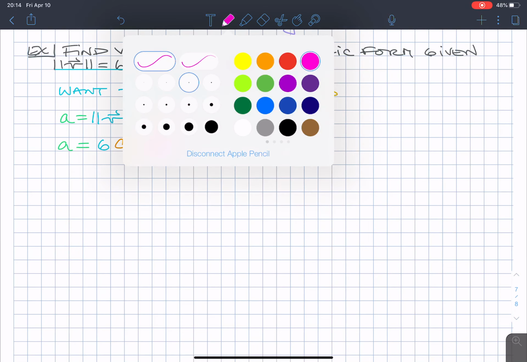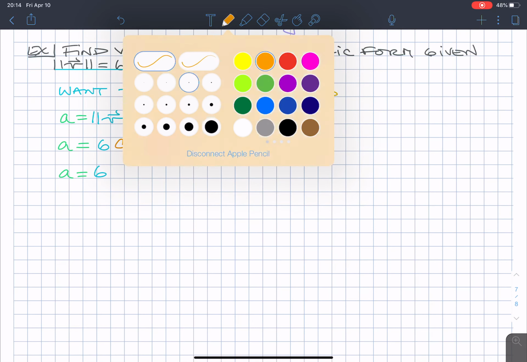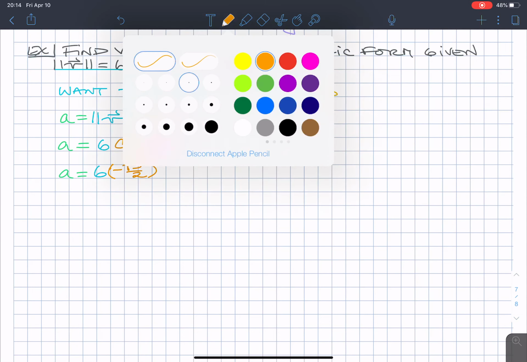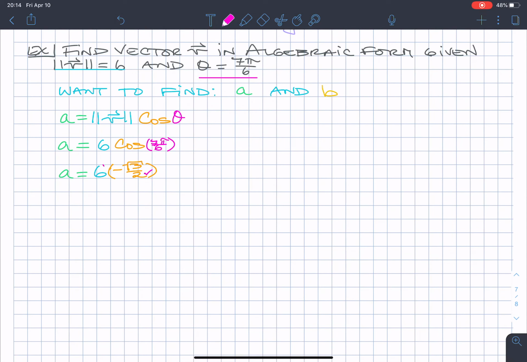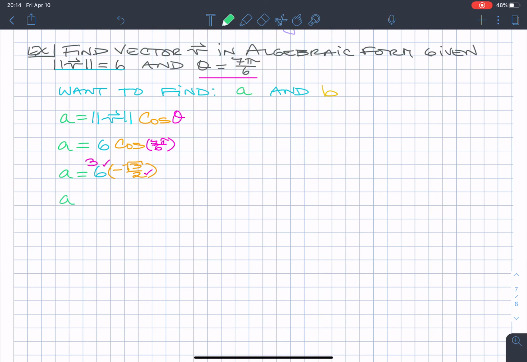So what is cosine of 7 pi over 6? Well, that's in quadrant 3, so I know it's negative, and it is a 30-degree reference angle, so it's negative root 3 over 2. And of course, 2 goes into 6 3 times, so the horizontal component for this vector is negative 3 root 3.